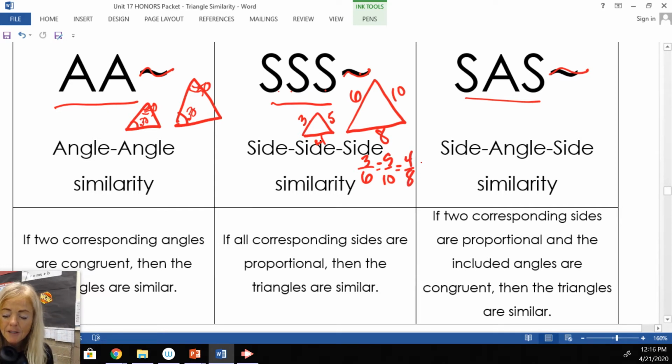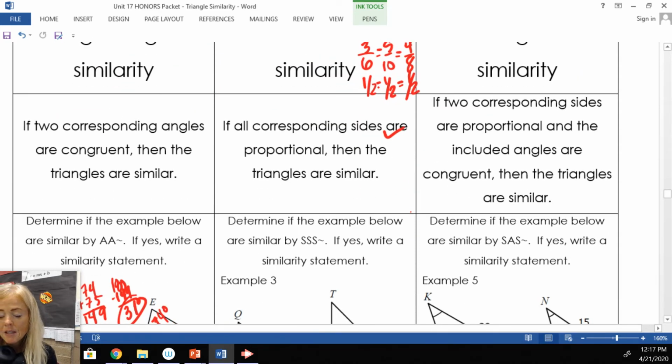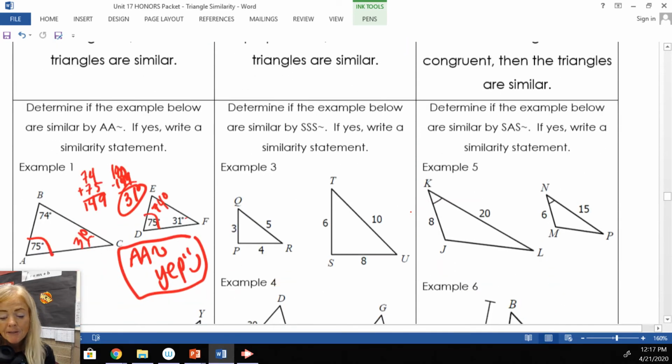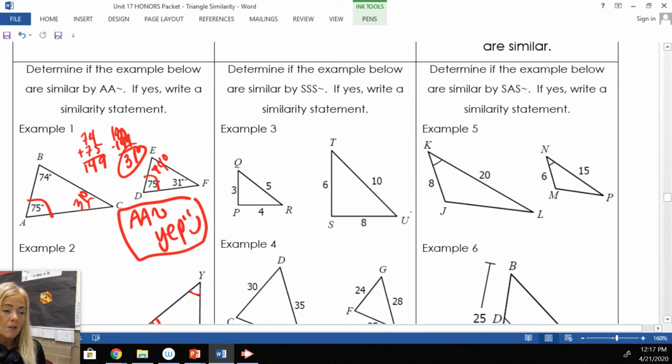I have a half, and a half. So yes, indeed, the sides are proportional. All the ratios are the same. Then the triangles must be similar. We don't even have to check for congruent angles. We know for sure the angles will be congruent because the triangles are similar by side similarity.